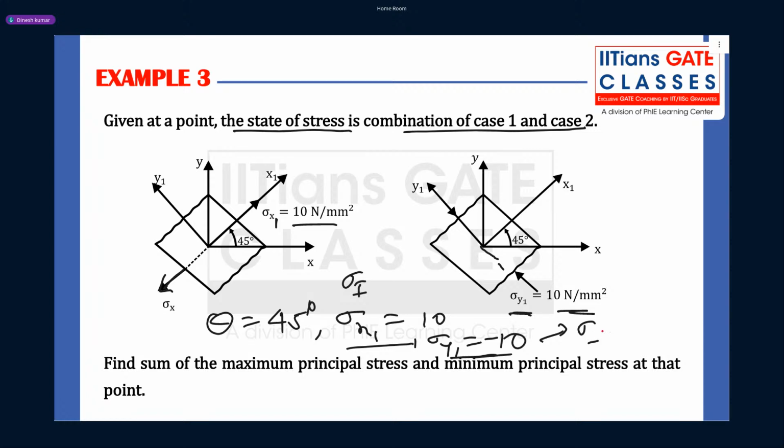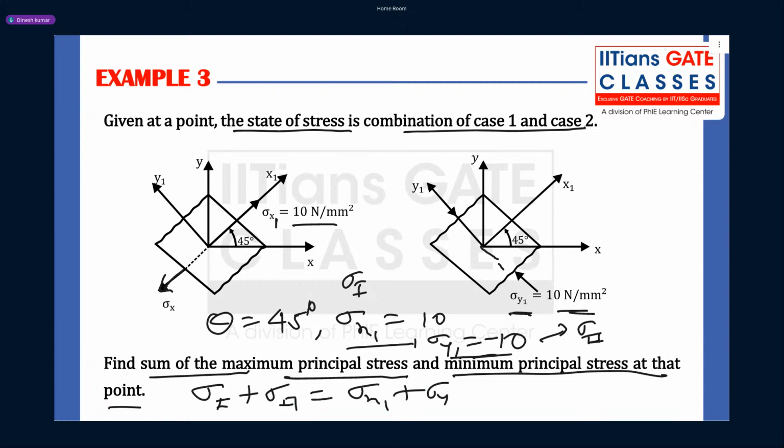Now what is asked in the question? Read the question, guys. Find the sum of maximum principal stress and minimum principal stress at that point. So what will it be? It is sigma 1 plus sigma 2, which is sigma x1 plus sigma y1, right? So now tell me what is the answer.